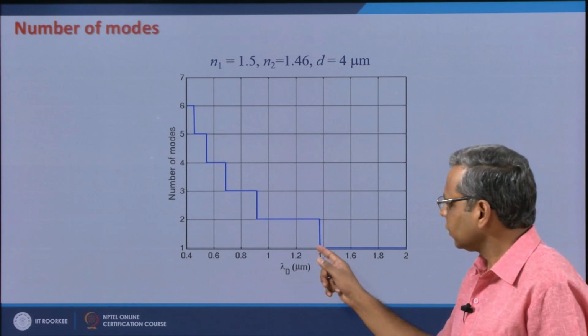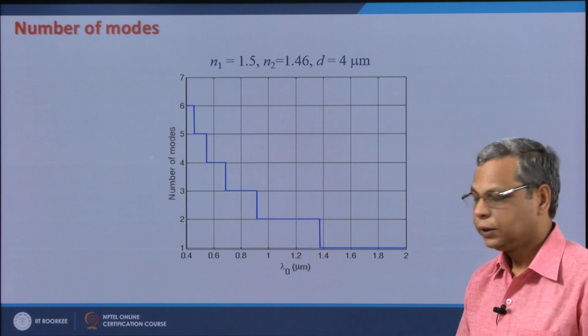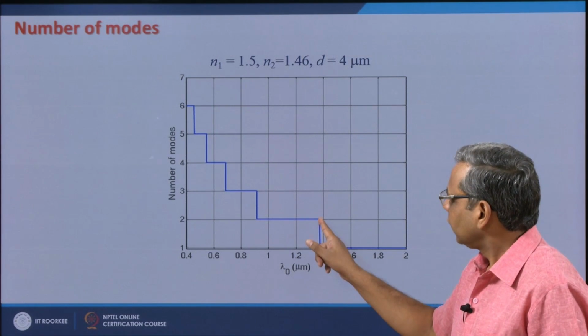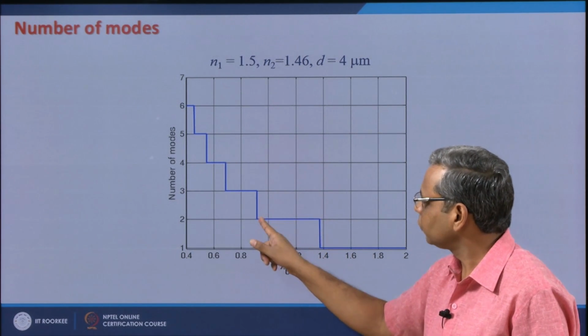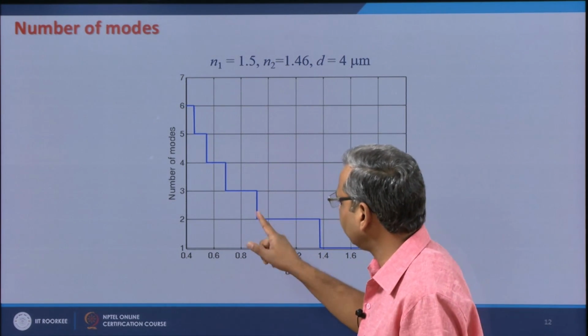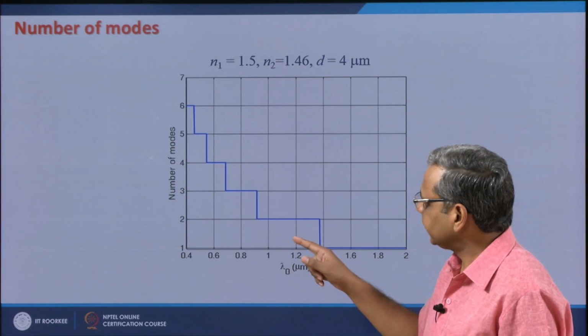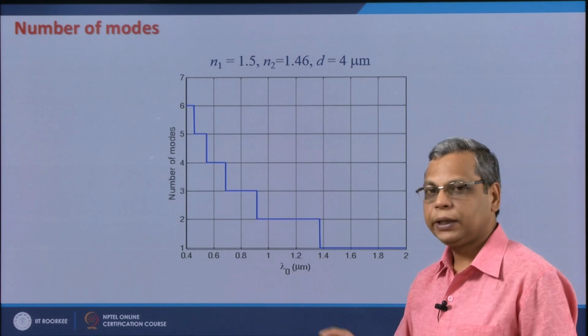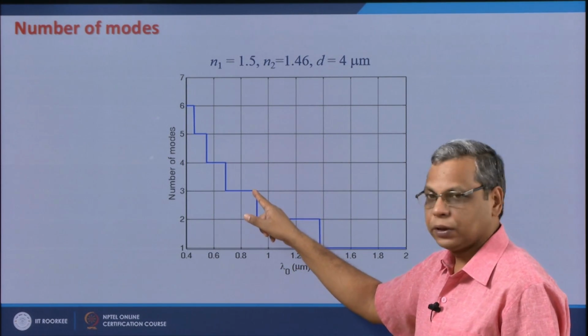As soon as I cross this, then TE1 mode will also come into the picture. So, here I will have TE0 and TE1 up to this point. This is about 0.9 micrometer. As I further decrease the wavelength below 0.9 micrometer, then TE2 mode will also come into picture.